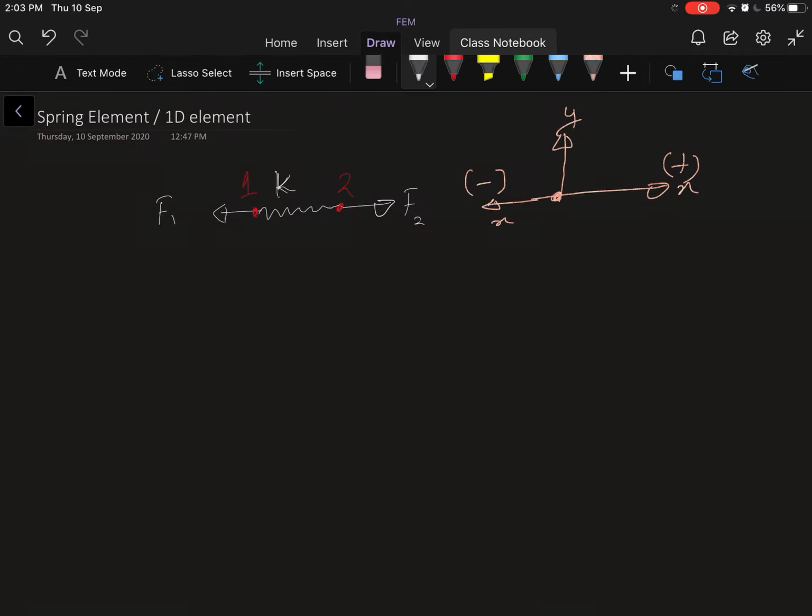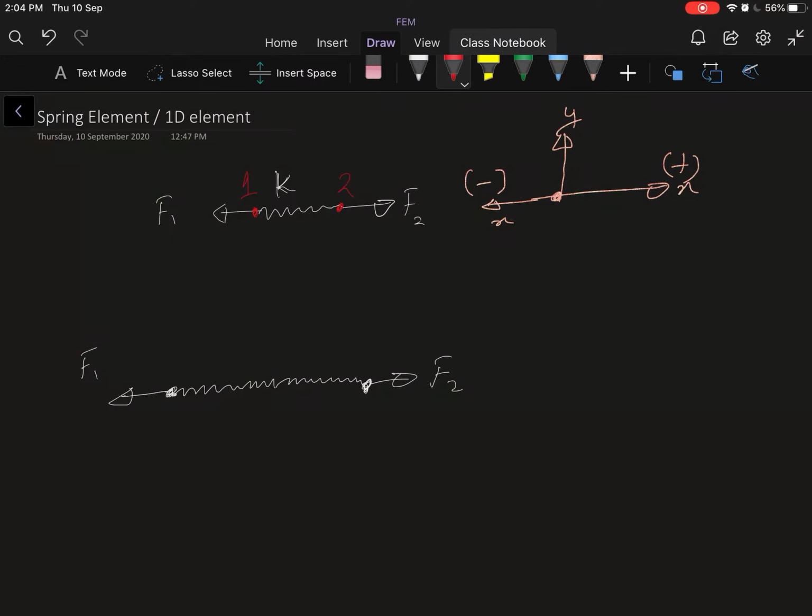Now see, when a force F2 is acting on the right hand side direction and a force F1 is acting on the left hand side direction, then after some time it will get stretched by this much distance, and the spring would get elongated because of these forces F2 and F1.